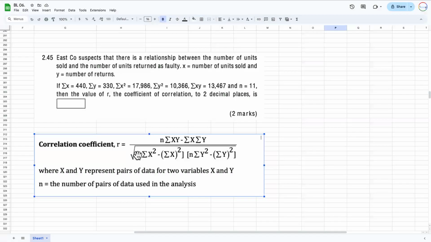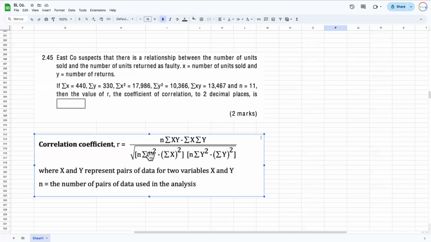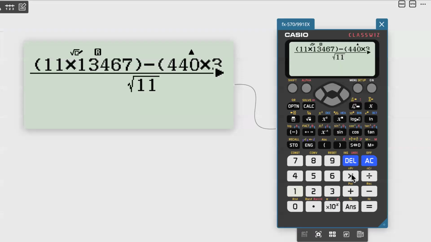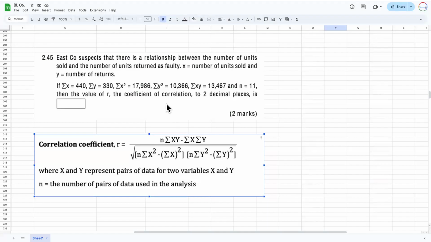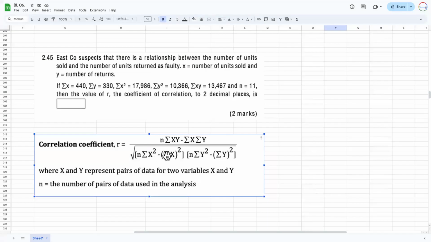And square root, put the square root here. n is 11 again, times by sigma x squared, 17,986. Then take away sigma x fully squared.